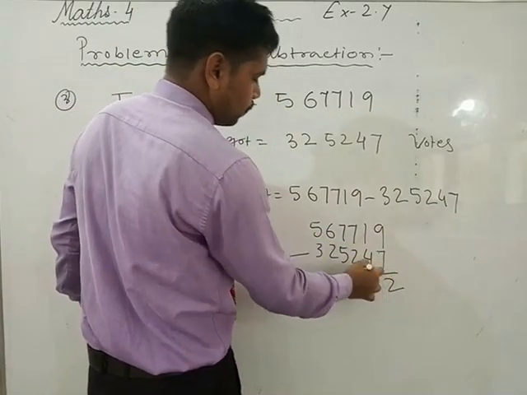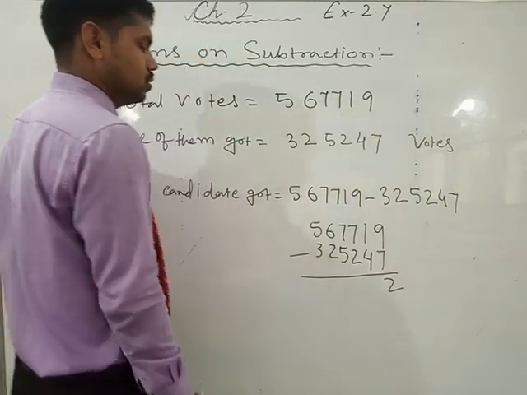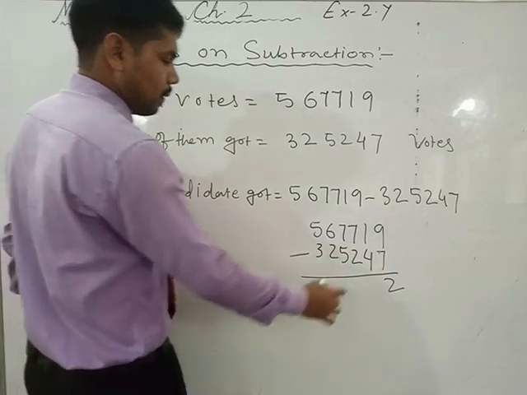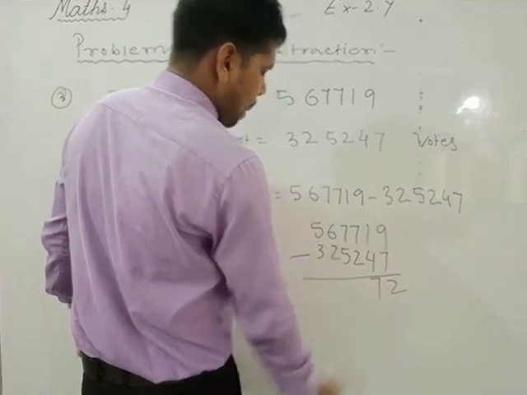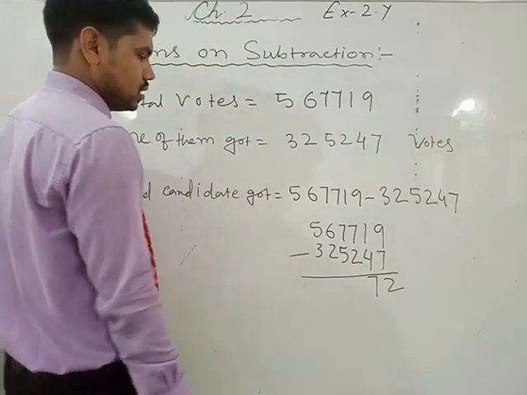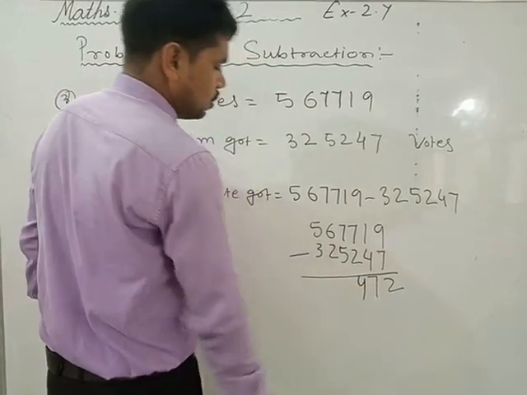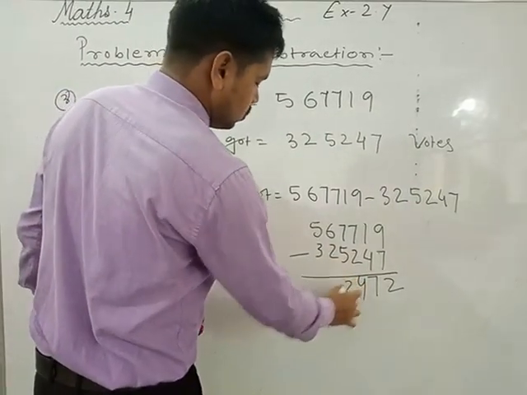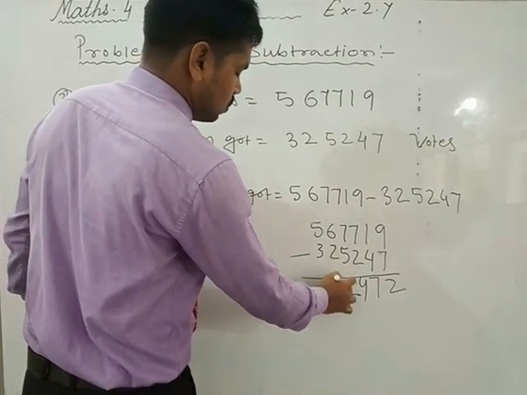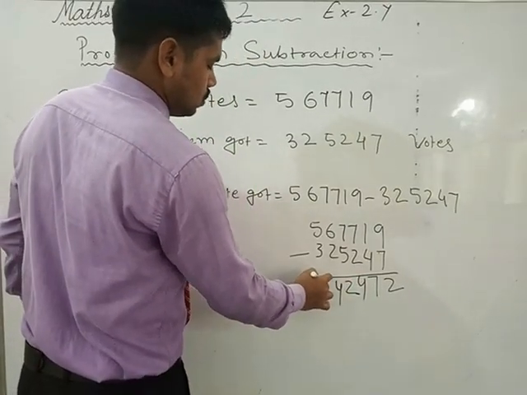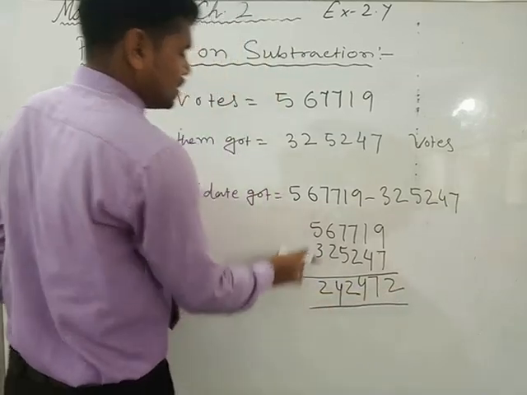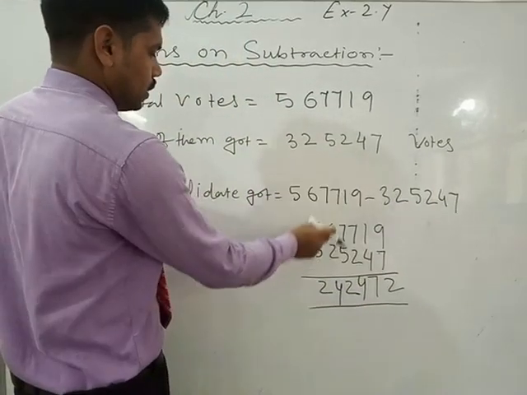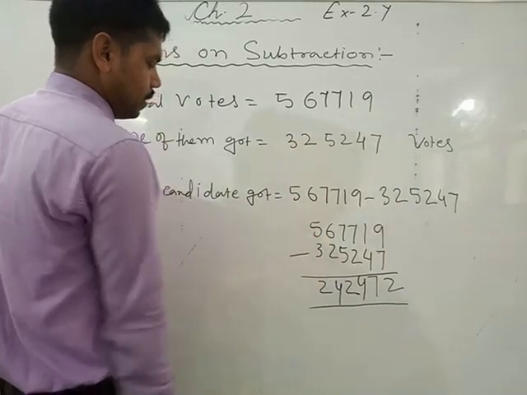So 2, 4. 4 plus 6 is 10, 7. Okay, so 6, 4. Okay, so 2, 4, 2. So this is the difference. Okay, one candidate got this, so another candidate will get this one.